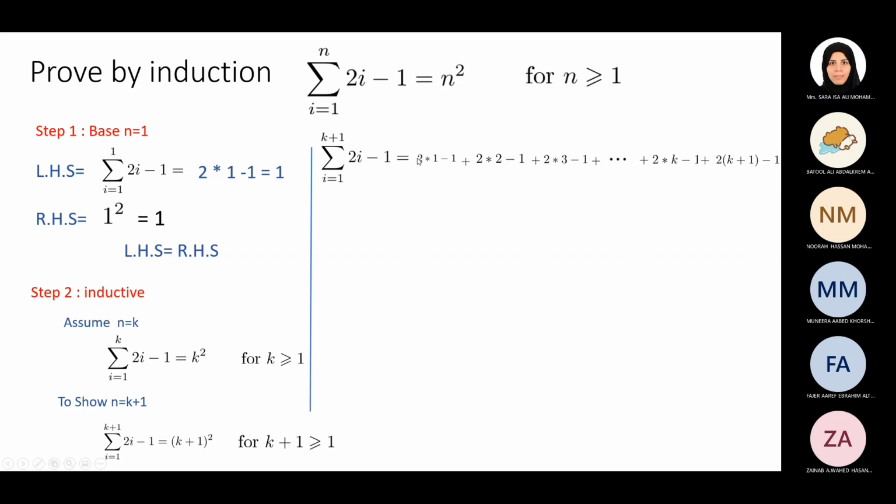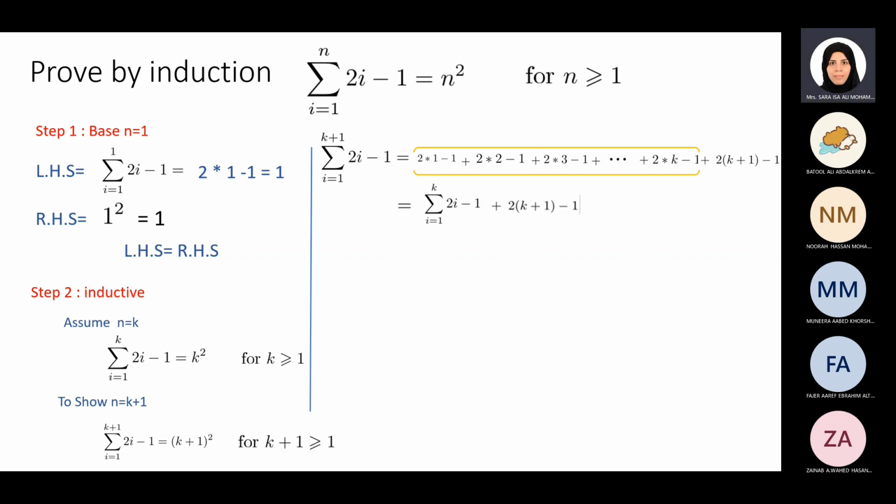What is the summation from this term to that term? This is all equal to the summation from i equals 1 to k, which is the expanded form for this term, plus 2 times k plus 1 minus 1.